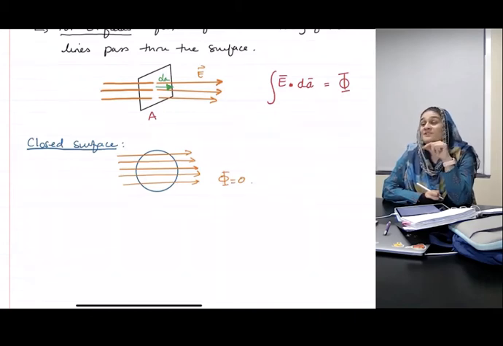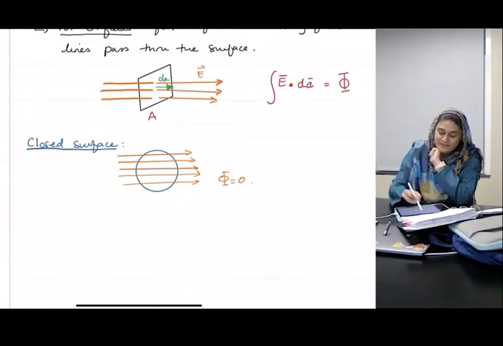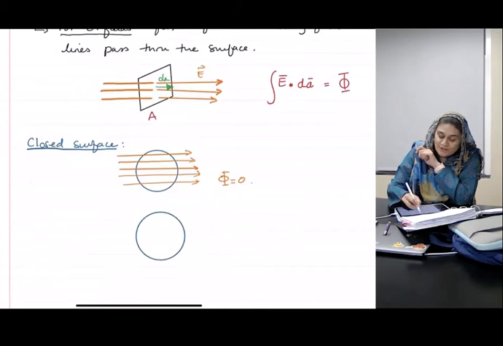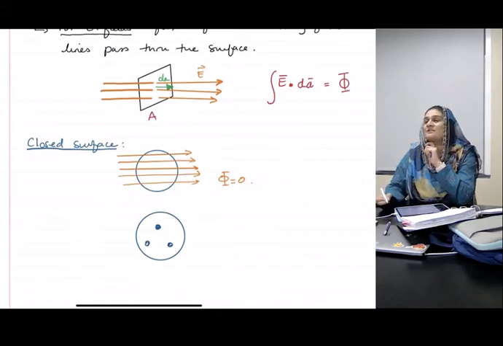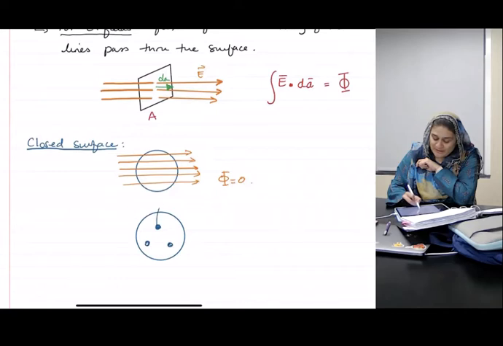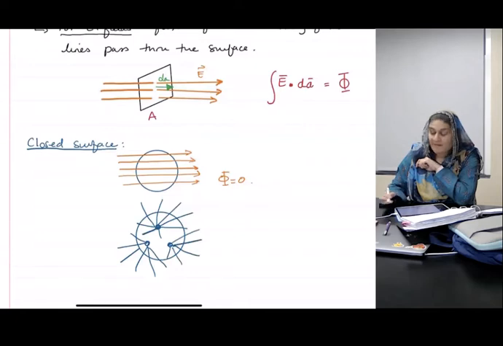Now, in order for this surface to have a flux, what do you need? Charges to exist inside the surface, and these charges need to be providing a field.